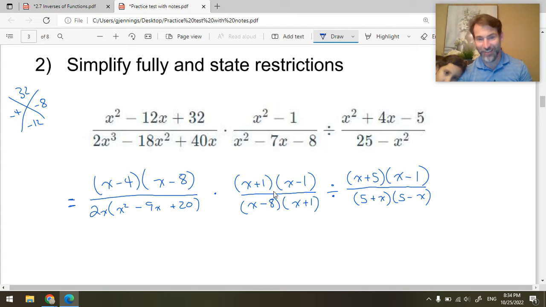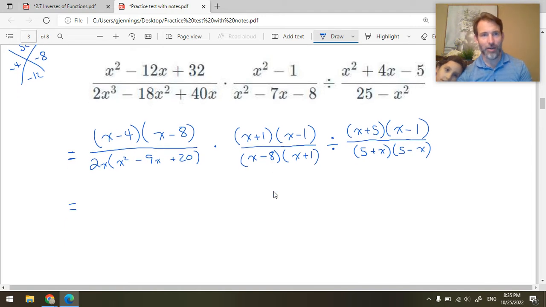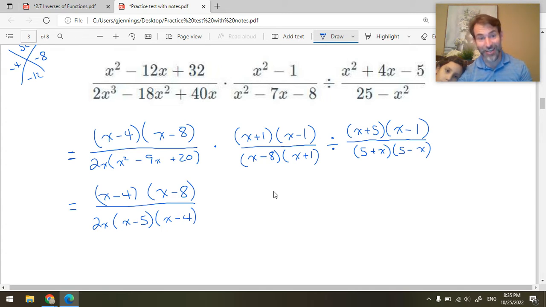All right, cool. Now, next line equals, okay, let's scroll down a little bit. And now here, x squared minus 9x plus 20. Let's factor that: x minus 5 times x minus 4, over 2x times x minus 5 times x minus 4. Since minus 5 times minus 4 is positive 20, and minus 5 plus minus 4 is minus 9, that's the correct factorization of what you have in the previous line.